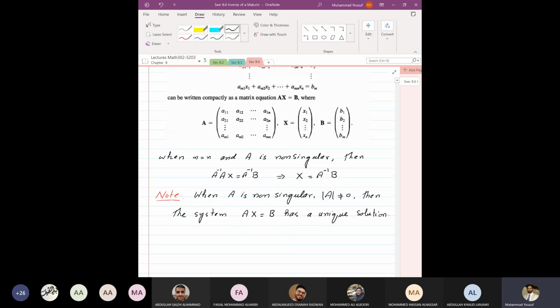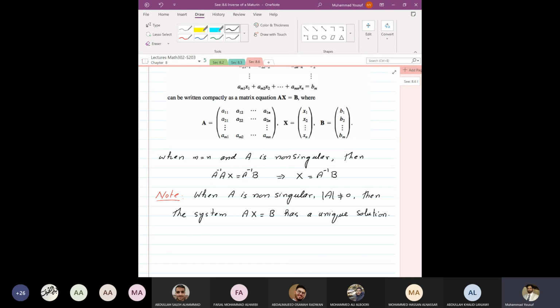Now, when A is non-singular, it is a square matrix by default, because for a non-square matrix there is no inverse or singular or non-singular thing.